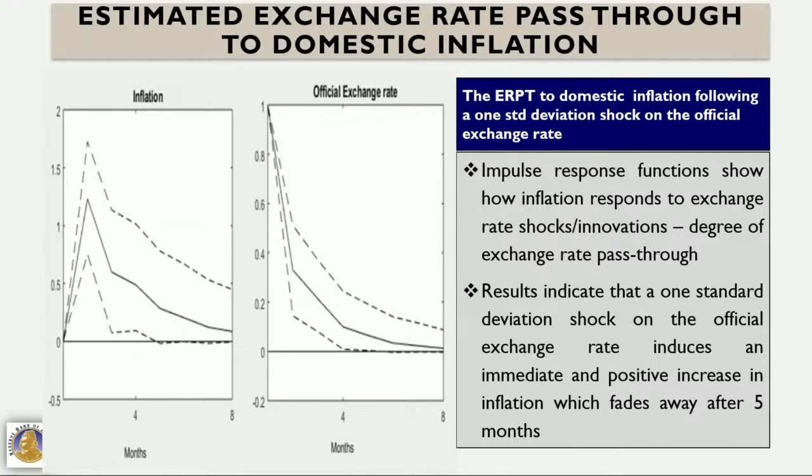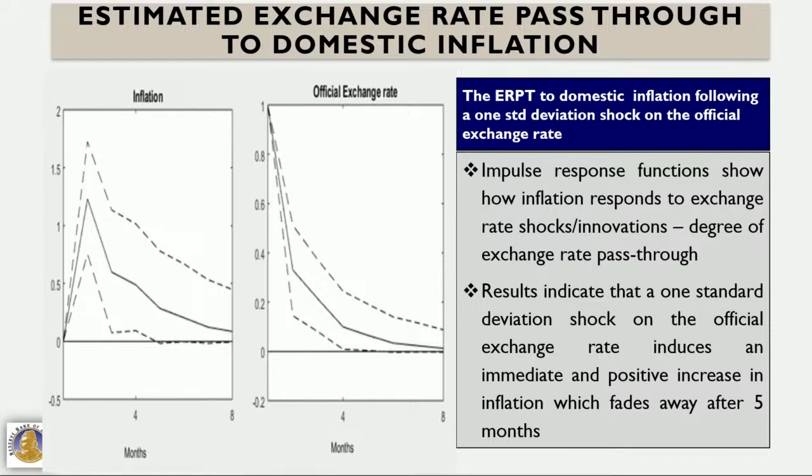Now, in terms of analyzing exchange rate pass-through, one of the important tools that is used are the impulse responses. Here I've selected two graphs just to show the impulse response of inflation to an exchange rate shock.